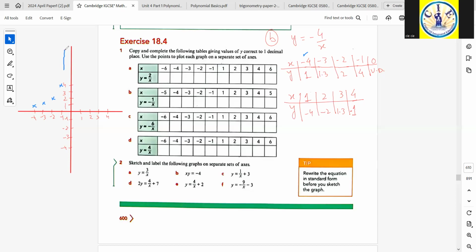So joining them, this is the graph on one side, and on the other side 1 corresponds to -4, 2 corresponds to -2, then 3 corresponds to 1.3.